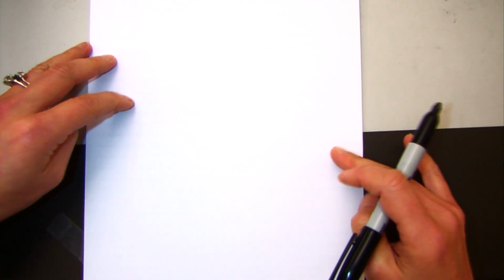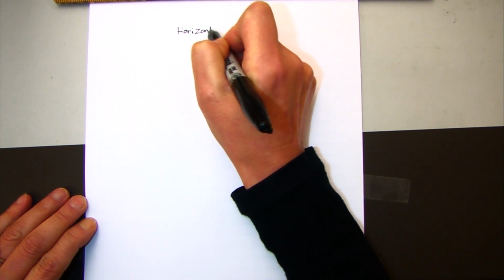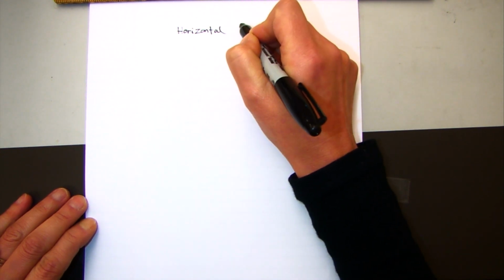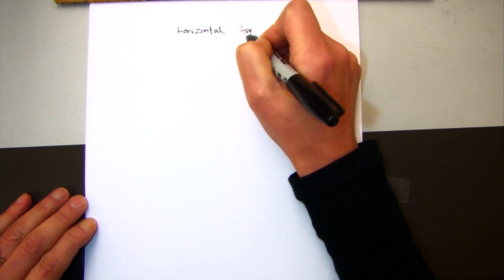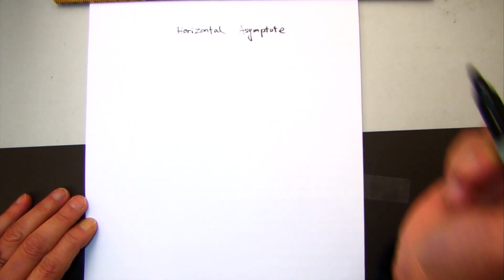Let's go. I want to make sure I'm in the right space. So I'm going to find horizontal asymptotes.